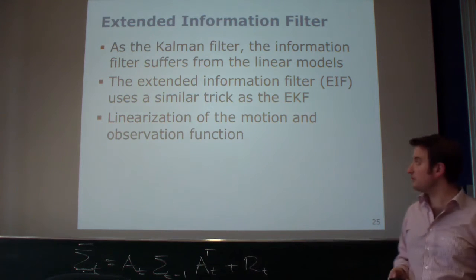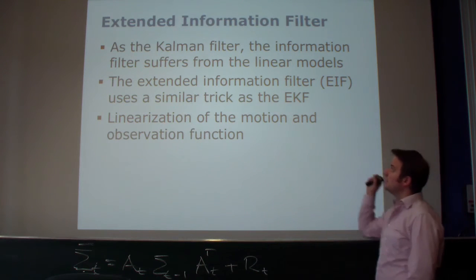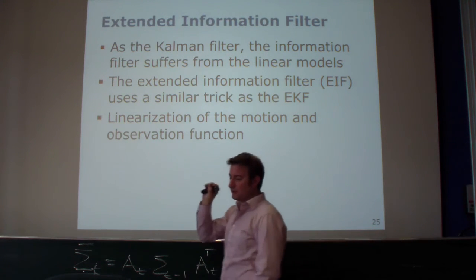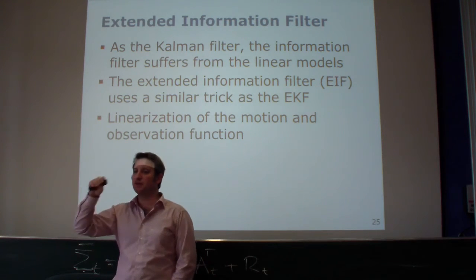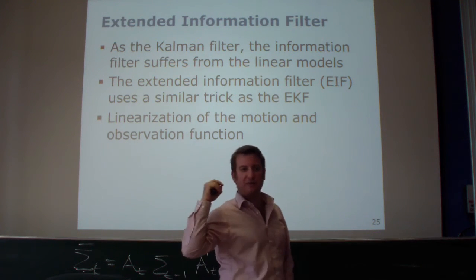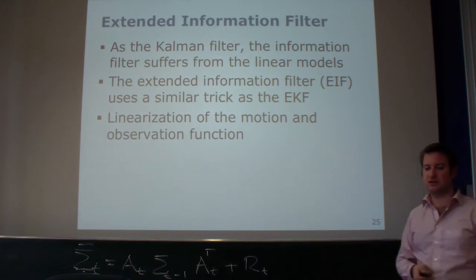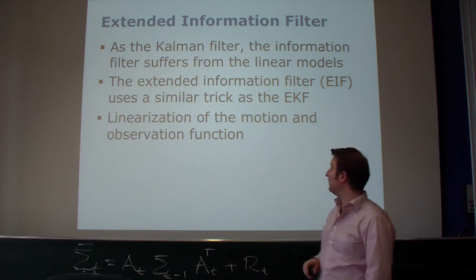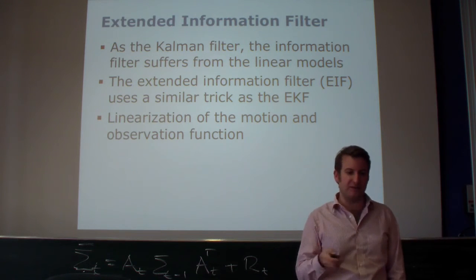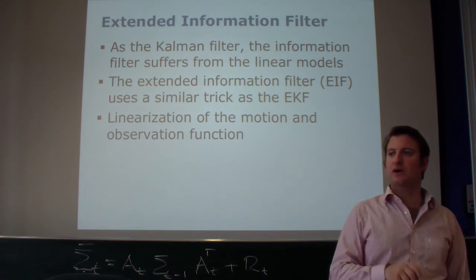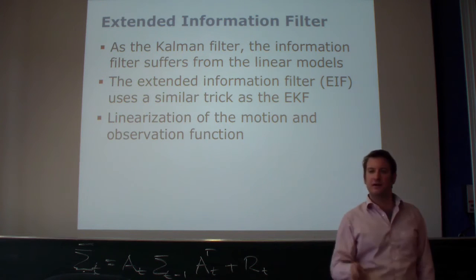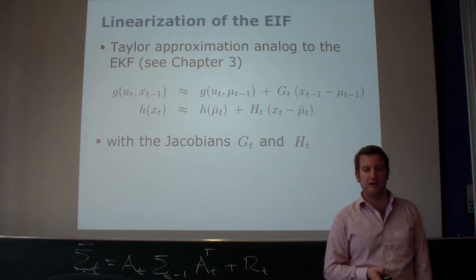Okay, what we did so far was transform the Kalman filter into the information filter. Now we want to do the same thing for the extended Kalman filter, moving from the extended Kalman filter to the extended information filter. This is done in a rather straightforward way. We use exactly the same tricks that we used before to transform the KF to the IF, or the EKF to the EIF.